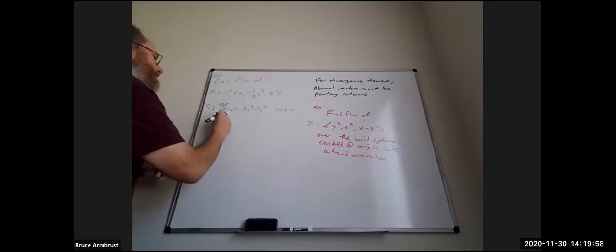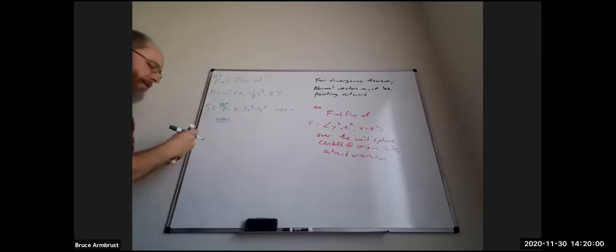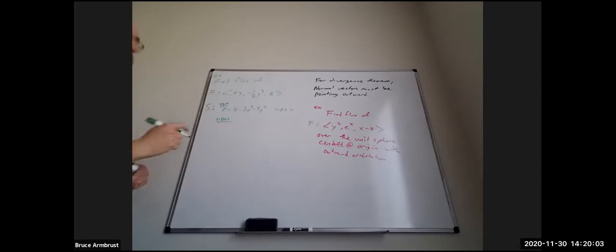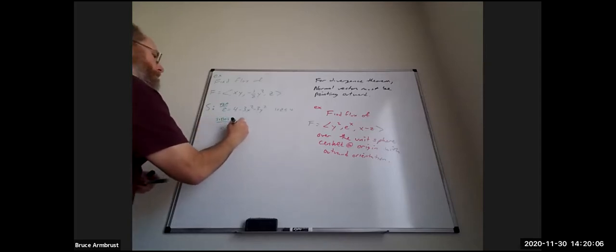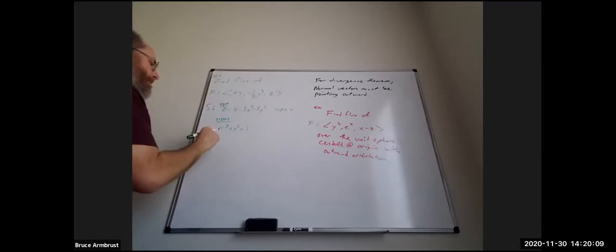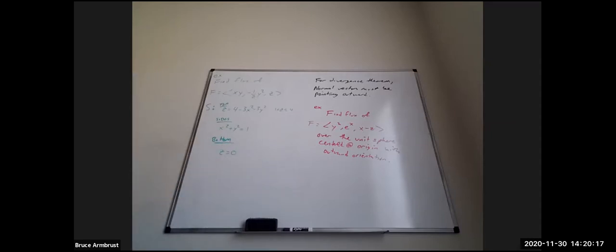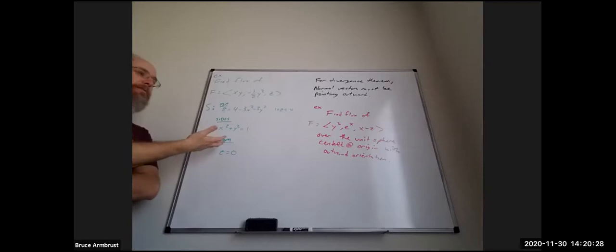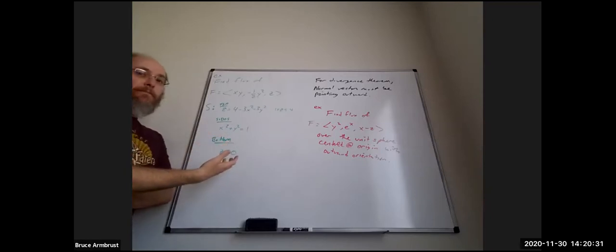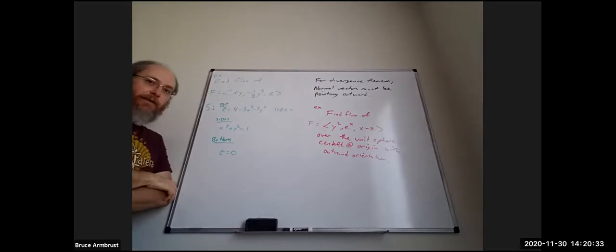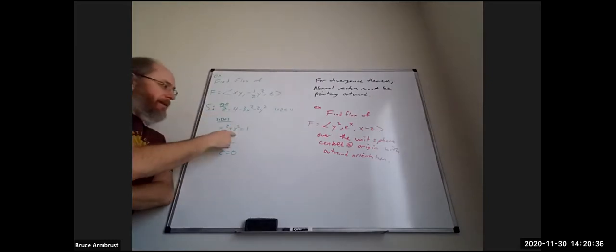The sides are going to be given by x squared plus y squared equals 1. And then the bottom is going to be z equals 0. So this is another piecewise smooth surface. It's got 3 chunks to it.